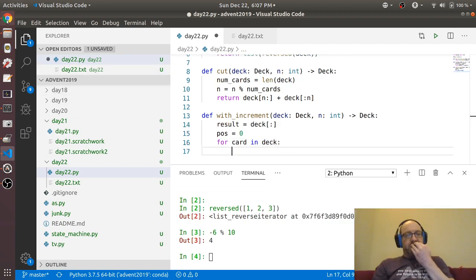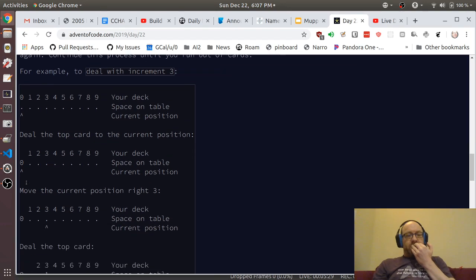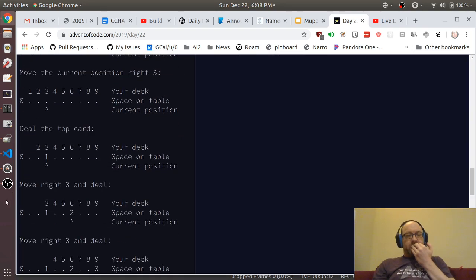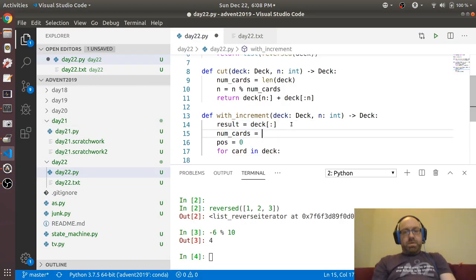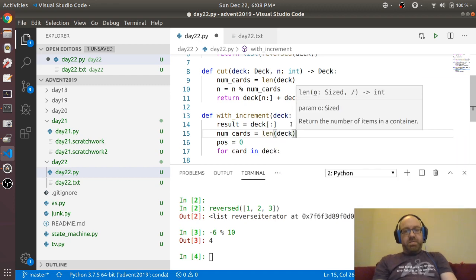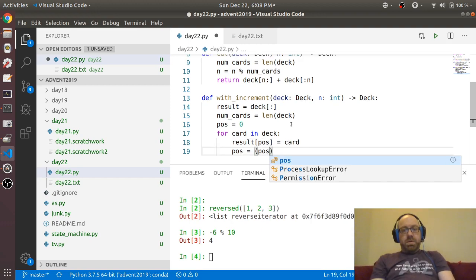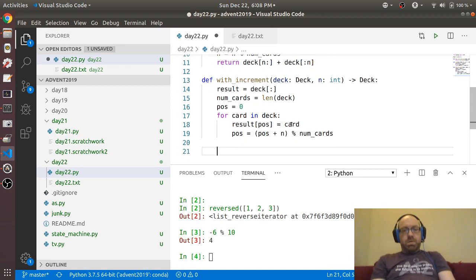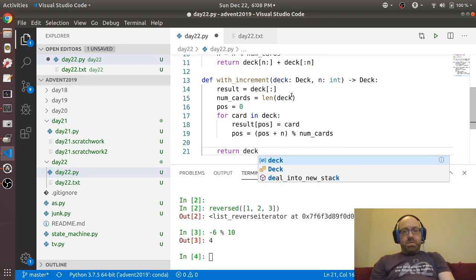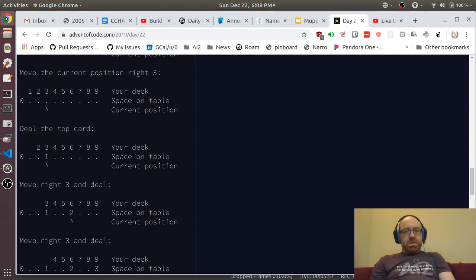And let me just make sure I have this right. Deal the top card in the current position, move the current position right 3. Okay, so let's say num cards equals len of deck. For card in deck, result pos equals card, and pos equals pos plus n mod num cards, and then return deck. And so let's write a couple of tests just for this.